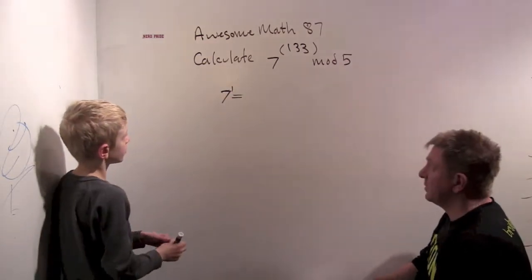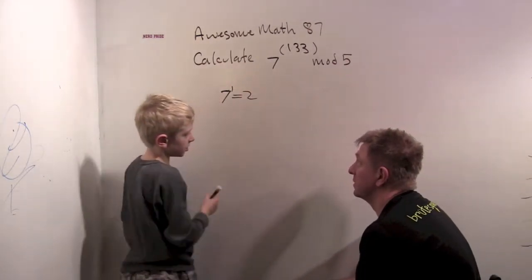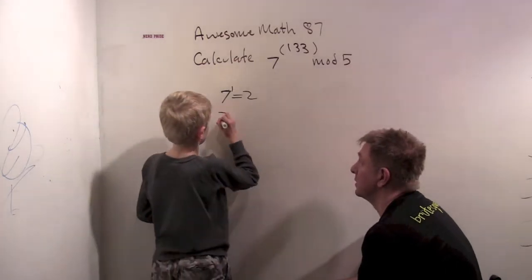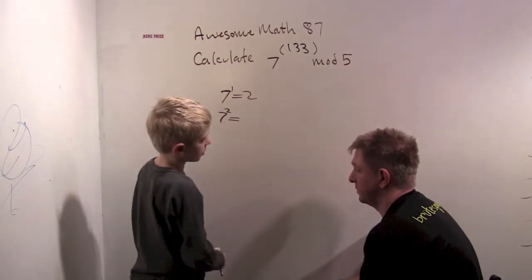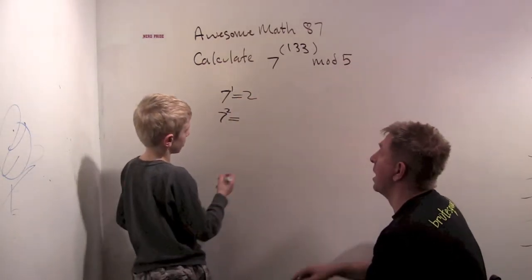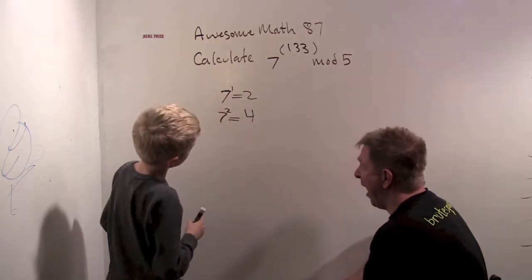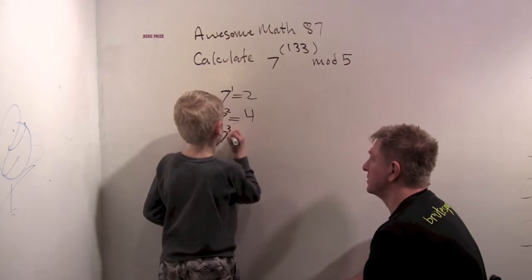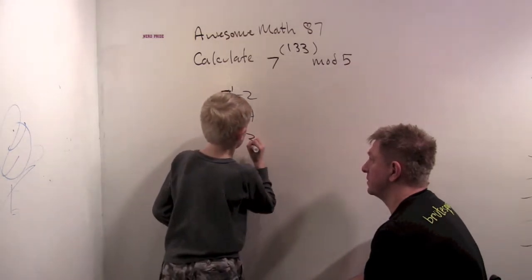Well, 7 to the 1 would be 2 mod 5. 7 squared is 2 times 7, which is 14, so mod 5 that's 4. Good job. And then 4 times 7 is 28, so 3.